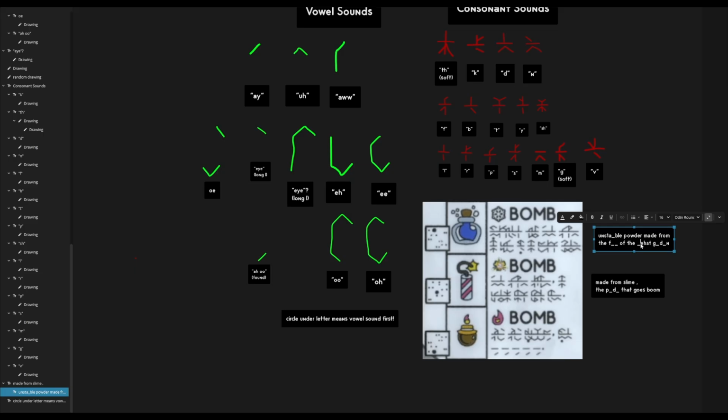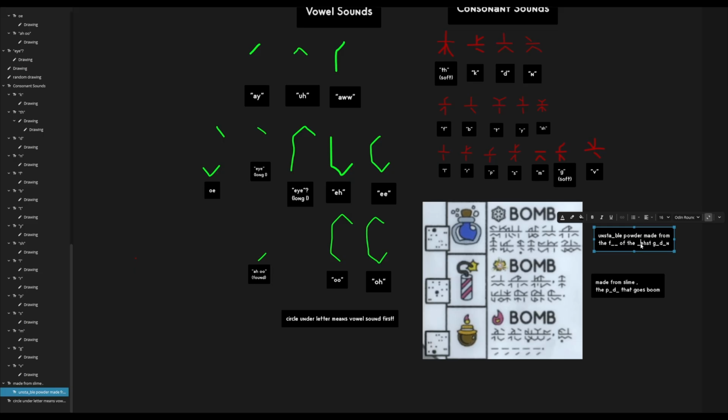Top looks like a T. It's not a T. Pest? No, it's not a P, is it? Rest? No, it's not an R. West. Is it west?